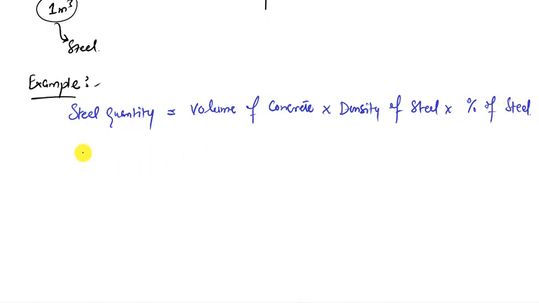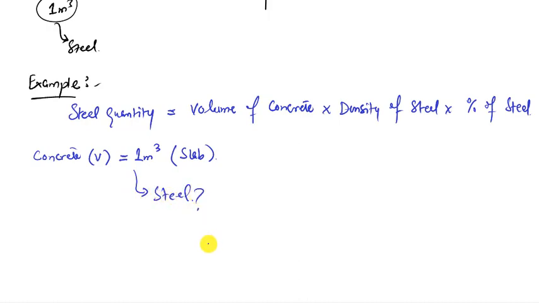So for example, if we have a concrete with a volume of 1 meter cube for slab, let's say we have a slab with 1 meter cube of concrete, and we want to find how much steel we need for this slab with 1 meter cube of concrete volume.